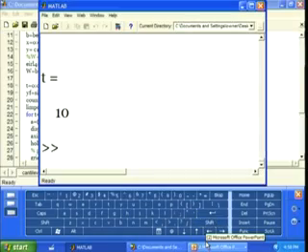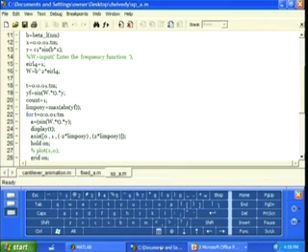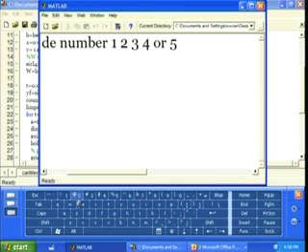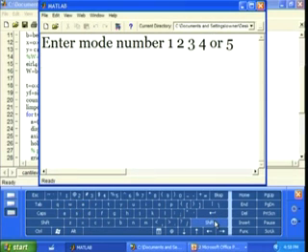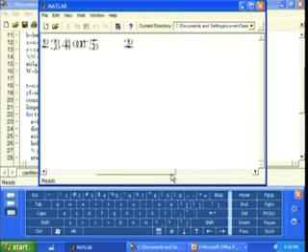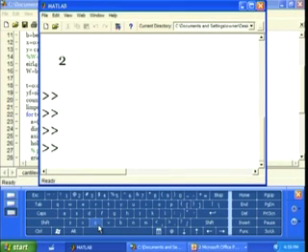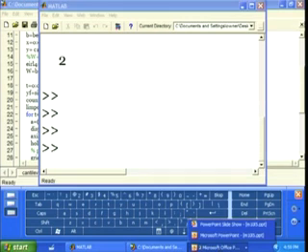So for the second mode, you can find it. Let us take the second mode, and you can observe that, let us run it for this.